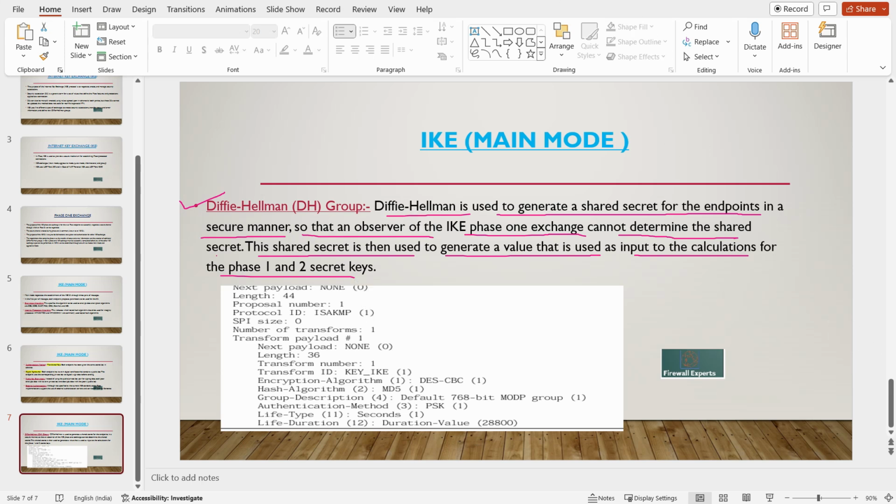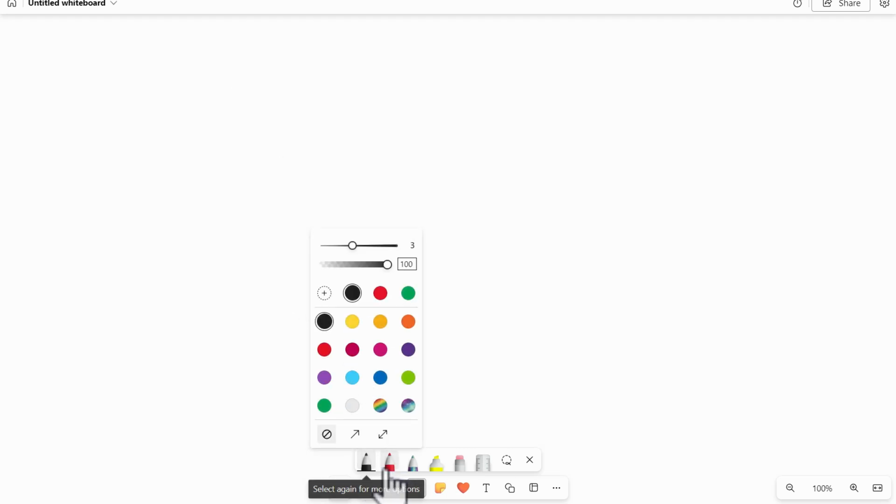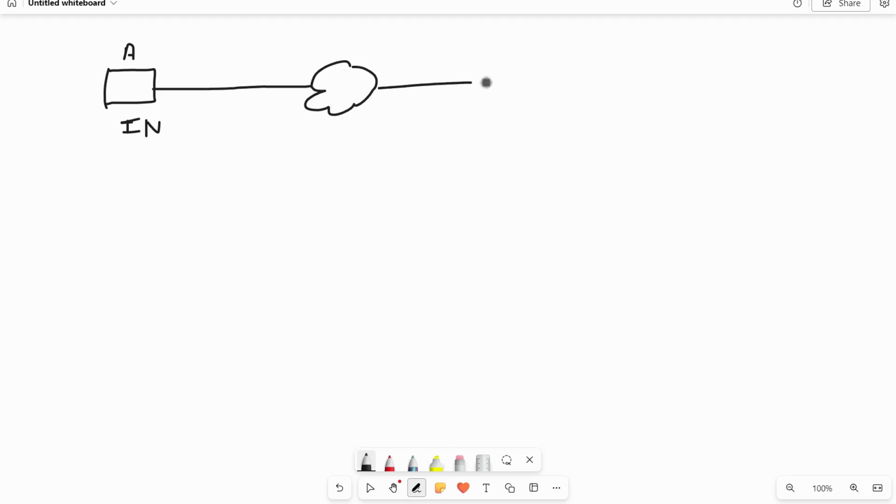So let's move on to my whiteboard to understand how this main mode exchange will happen. Let's say this is site A, or I would say this is the initiator, because we are more focused on the initiator. Now we have the internet connectivity, and this is connected with the other side.